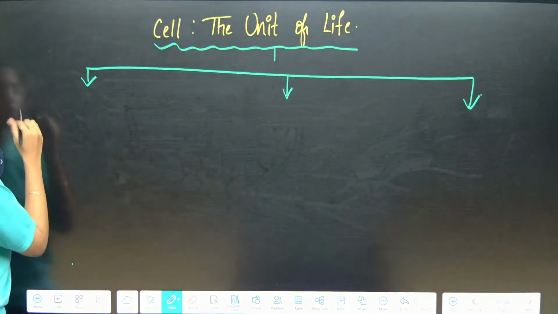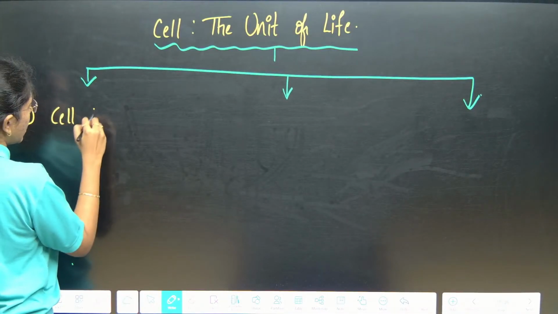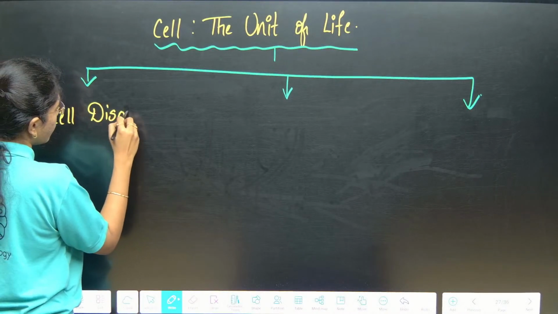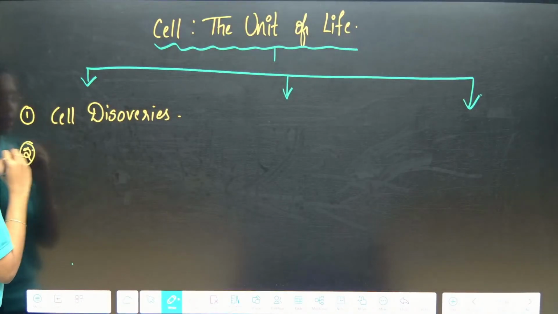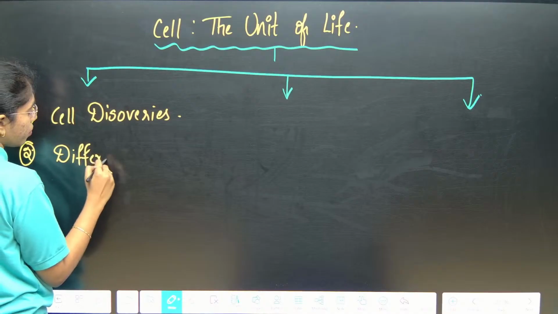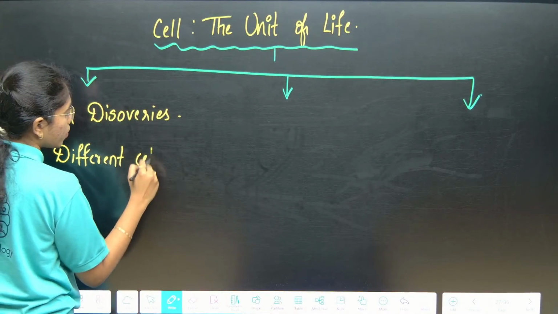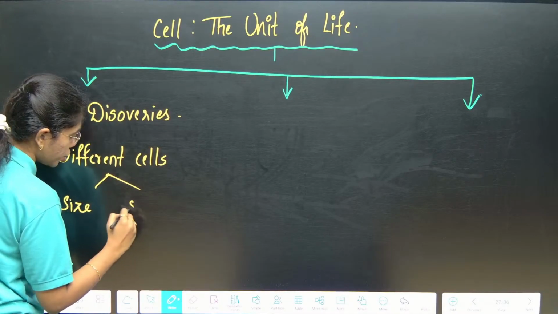First is on the discoveries of cell. Cell discoveries and different cells based on size and shape.